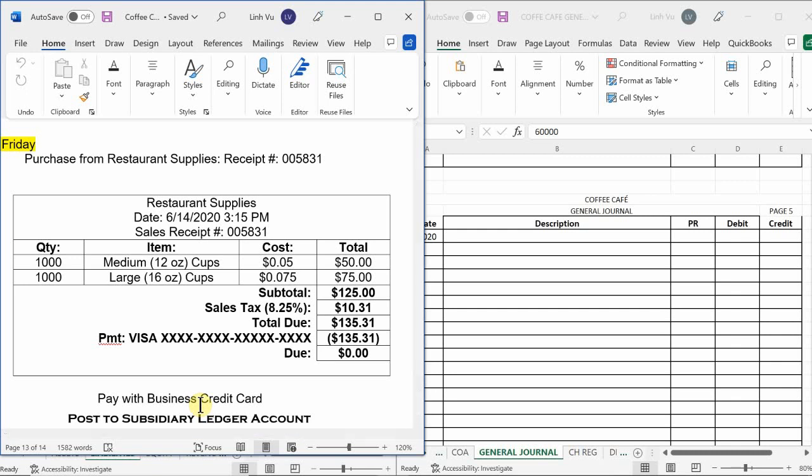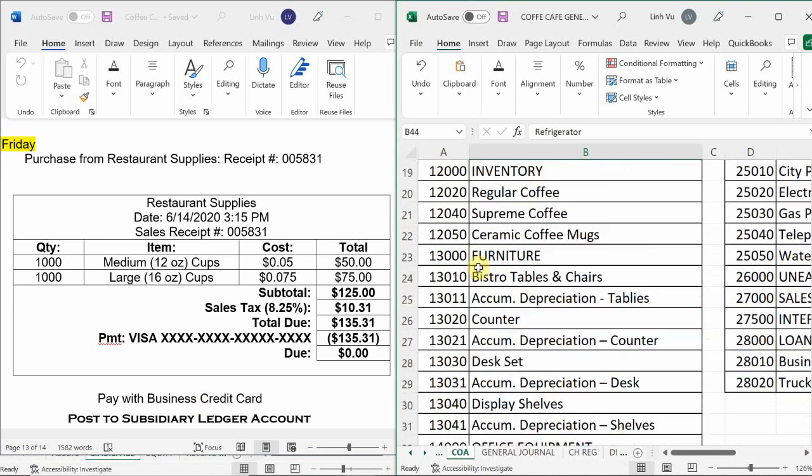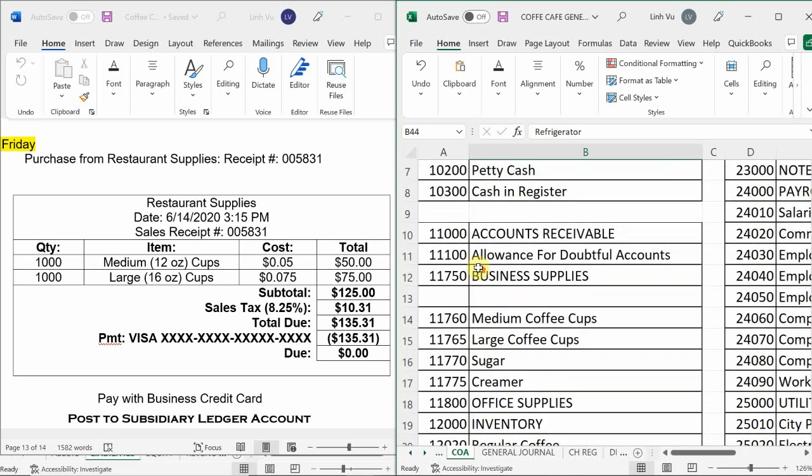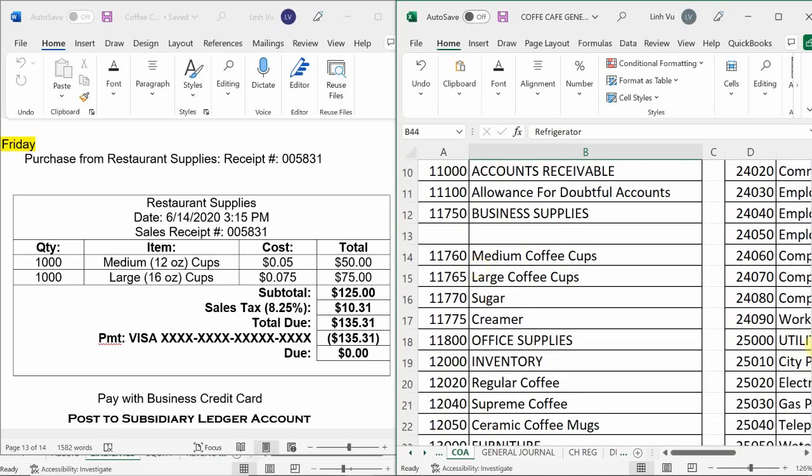So let's address, what did we buy? Right there, 11,760 is medium, and then 11,765 is the large.